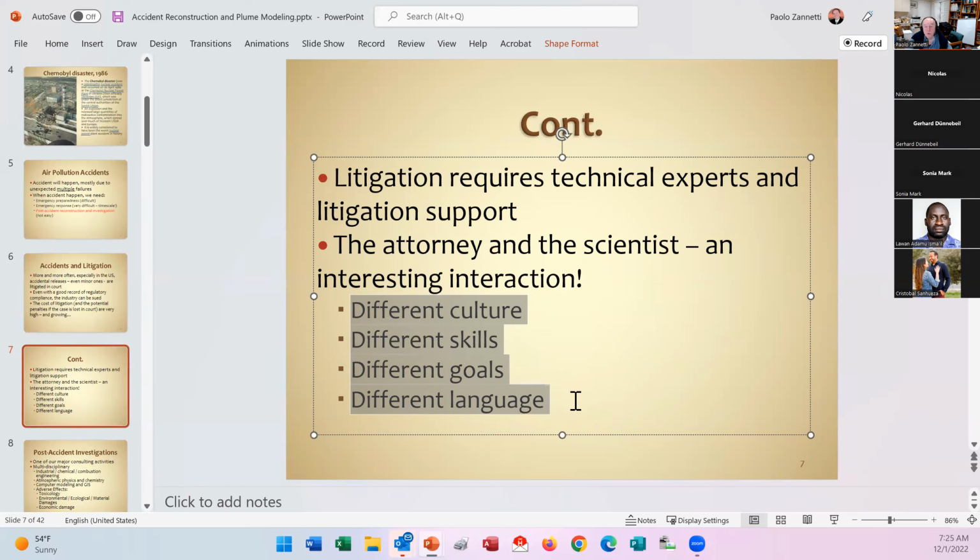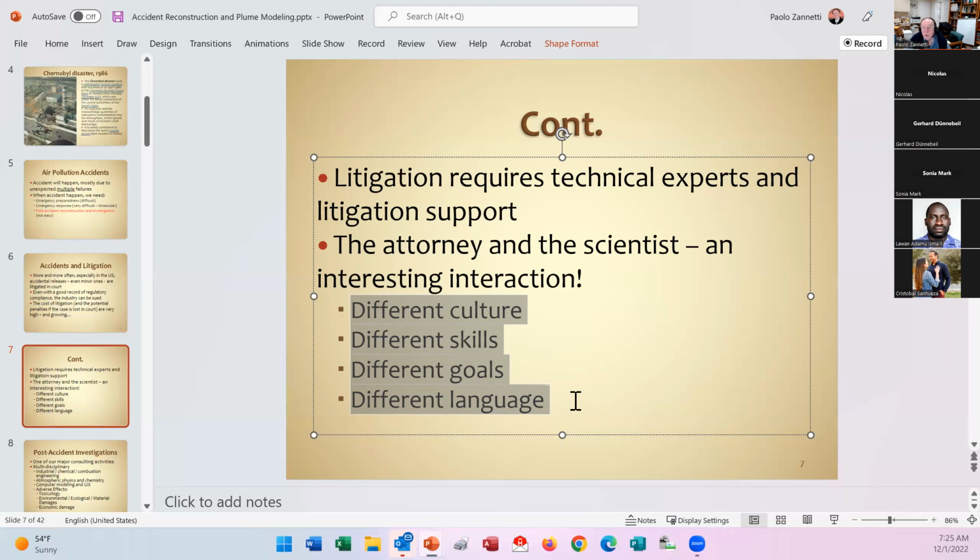A good suggestion can be that before accepting a litigation project, especially at the beginning, be sure you talk with people, with scientists who have experience in litigation, so you understand the do's and don'ts, what you should do, what you should not do, and use common sense.